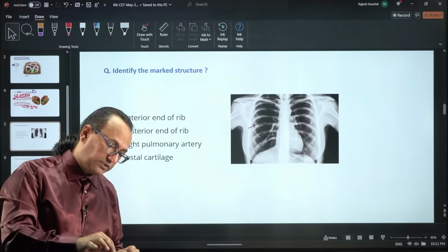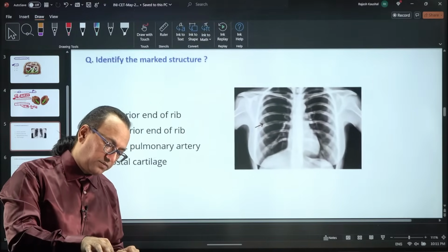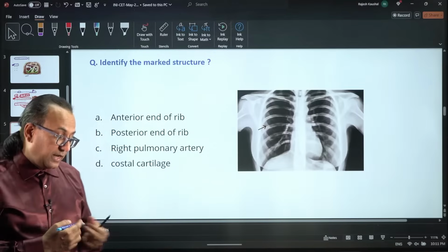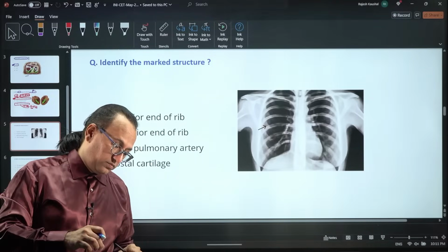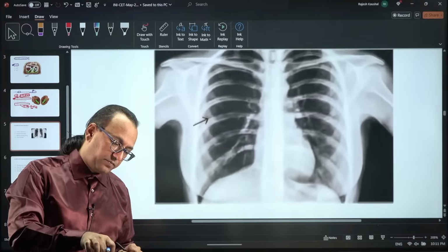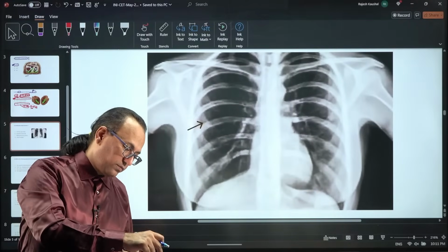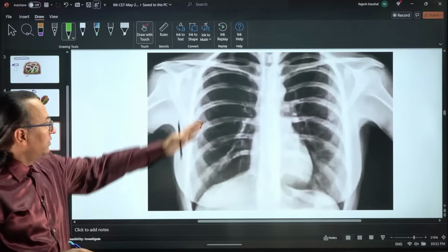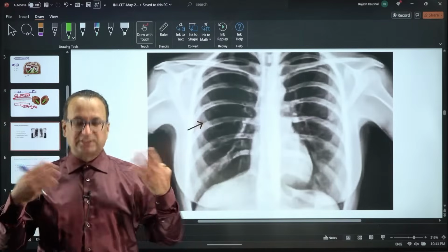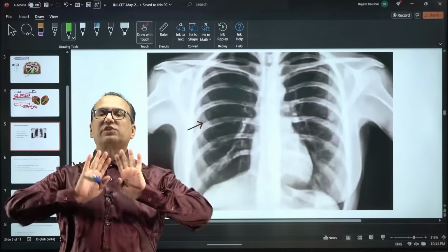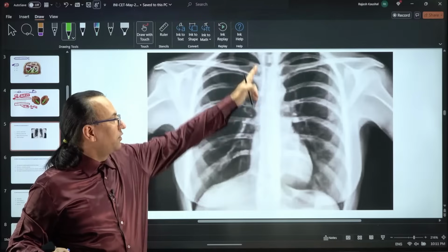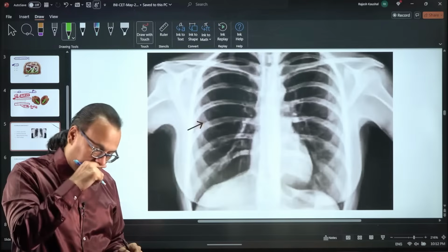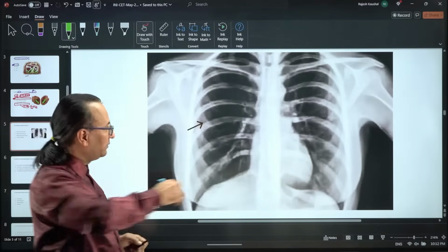Now this is one question which I believe the radiology people are also teaching. So as we magnify, you should know that this is a chest X-ray taken from PA view, posterior anterior view, because the vertebral column is prominent, and attaching to that vertebral column will be the ribs.